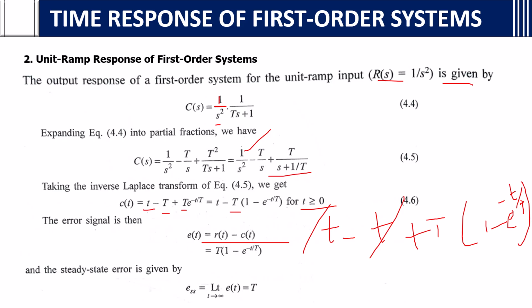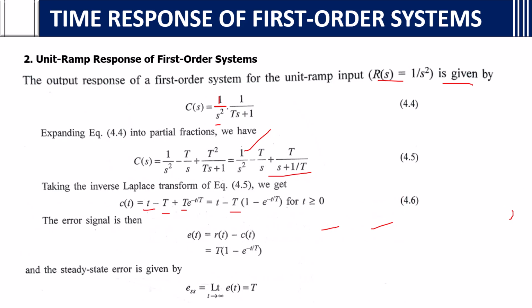So you will get T into (1 minus e power minus t by T). Why? Because 1 by s square is a Laplace term, but the input you are giving is t, the ramp function. I am explaining once again so it will be easy for you: c of t is what you got just now, t minus T into (1 minus e power minus t by T).